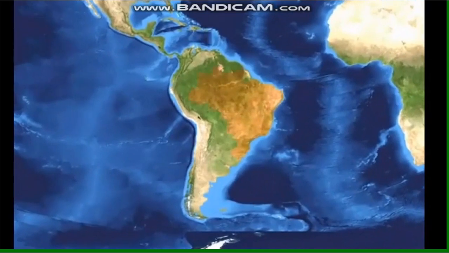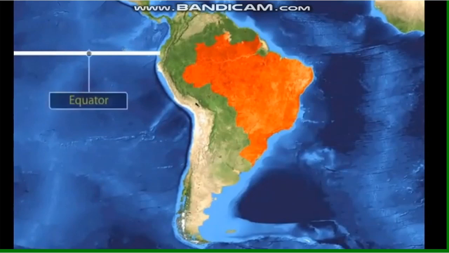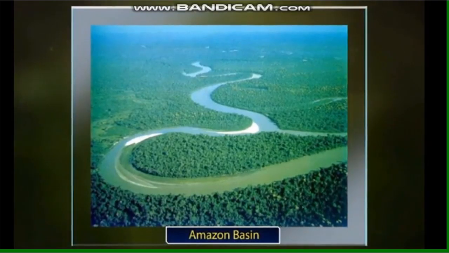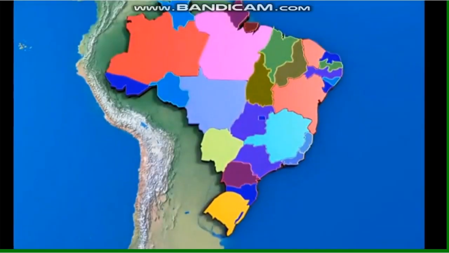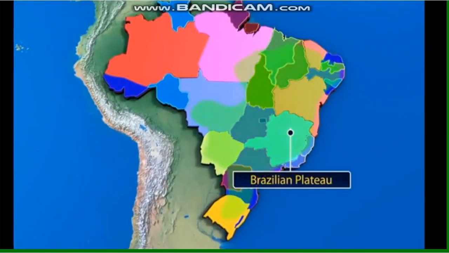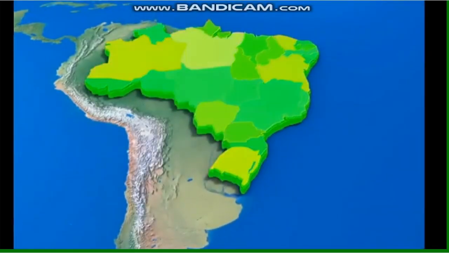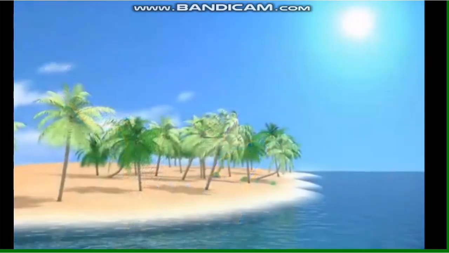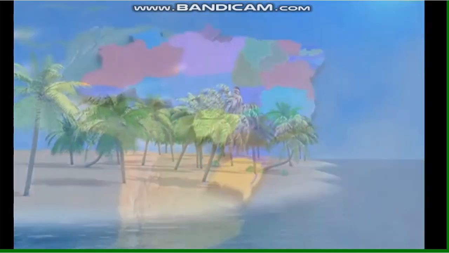Brazil is located in the tropics. The equator passes through the northern part of Brazil. The mean temperature in the Amazon basin is around 25 degrees Celsius. The climate is cool in the Brazilian plateau. Due to nearness to the sea, in the coastal region of Brazil the summers are mild and humid, while winters are dry.